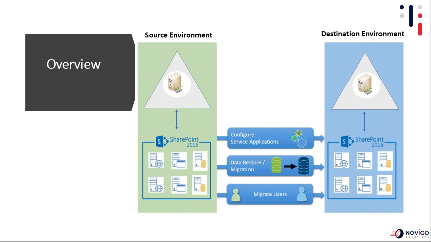So basically, the gist of this entire domain migration is you have to set up a new SharePoint farm in your target domain and reconfigure all your service applications, migrate all your data or restore the data if you're taking the database backups. And the last is going to be to migrate all the users. So fundamentally, you must create a new farm in the target domain and move the existing content.